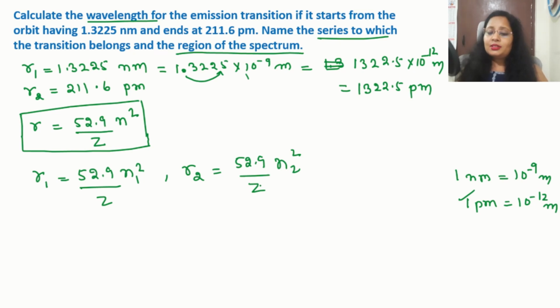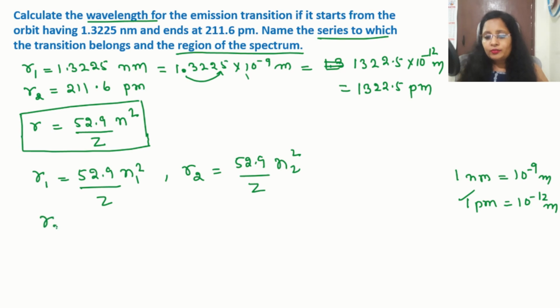The element is not changed, first thing. Second, n1 is the orbit number from where the transition starts, and n2 is the orbit number where the transition stops, that is the initial and final state of the electron.